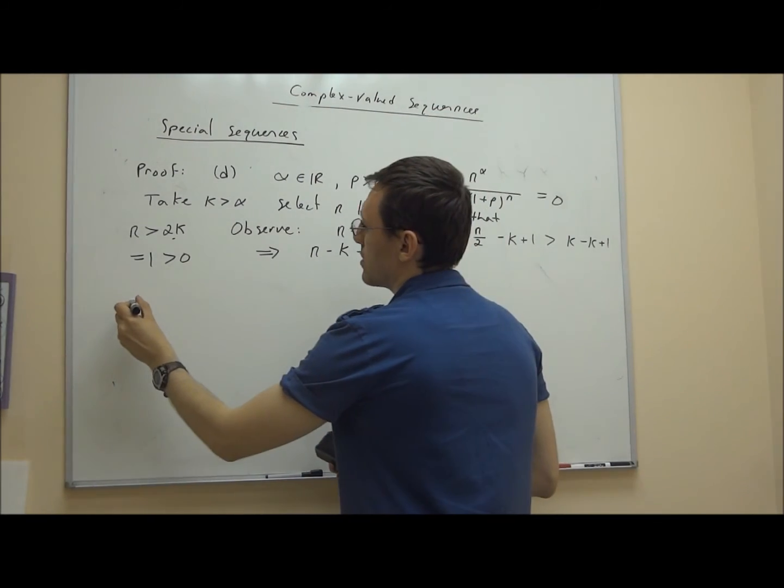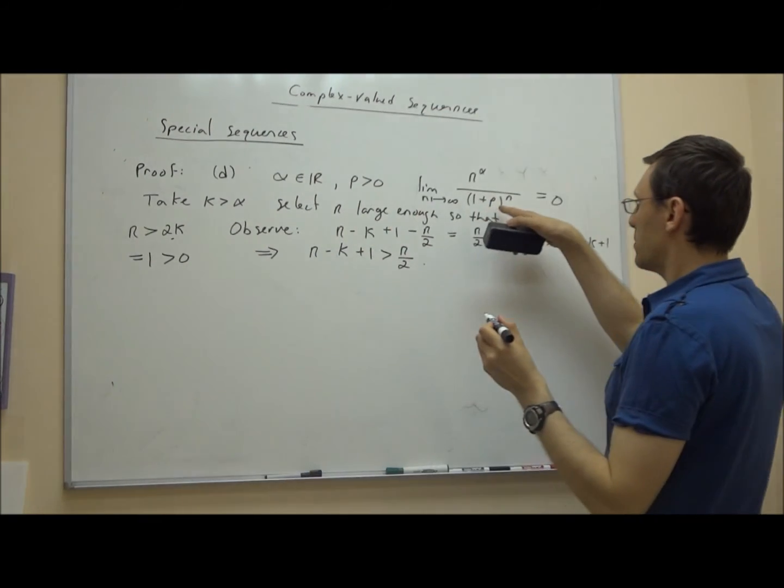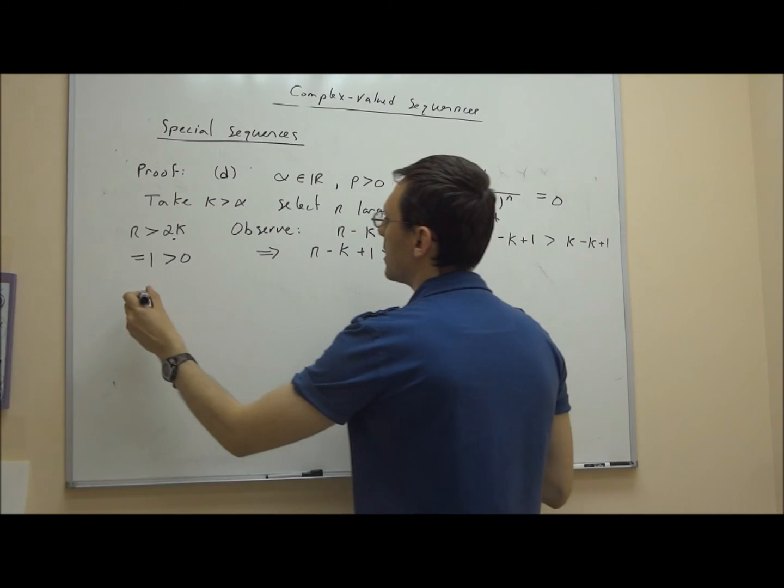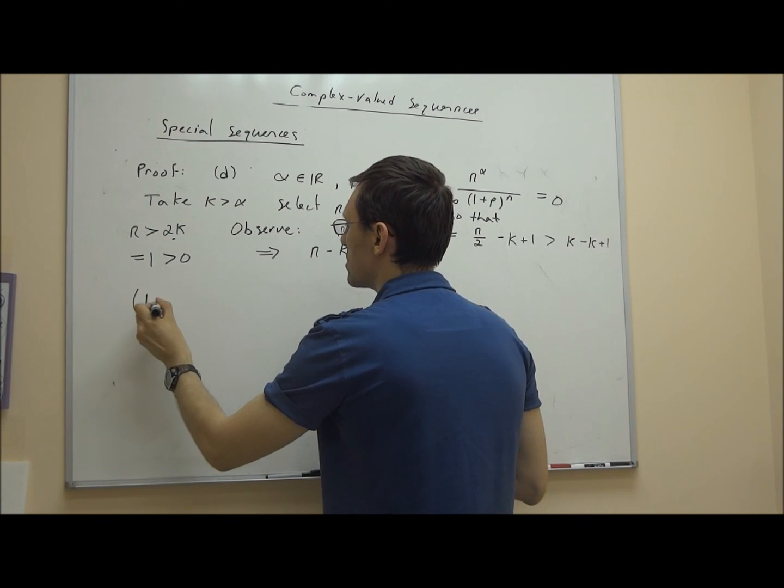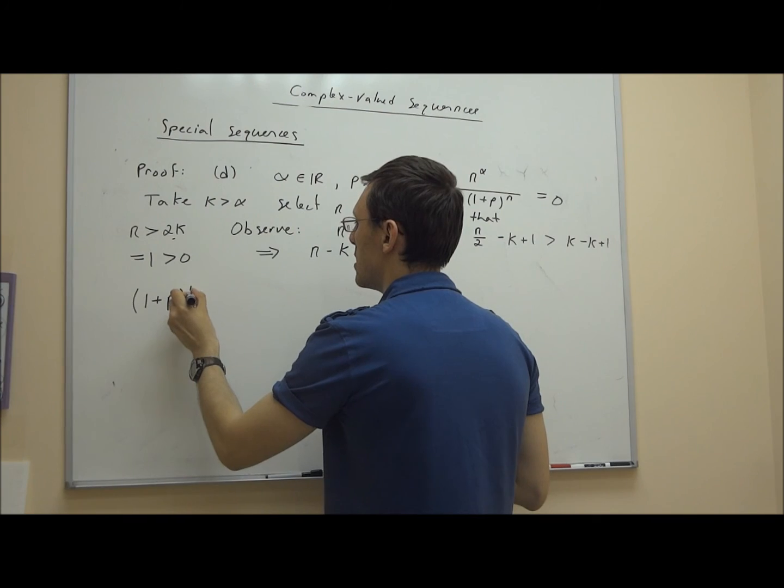So what can we do now? Then what we are going to do, we're going to look at 1 plus p to the n, and we're going to find some bound for it. So we have 1 plus p to the n.